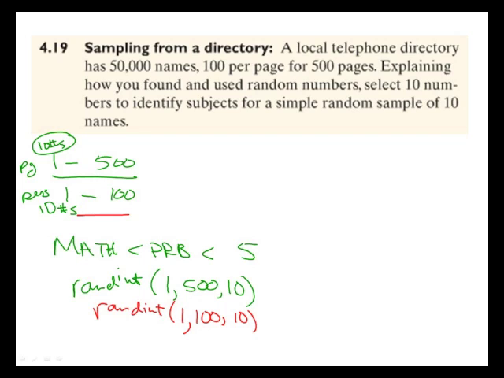So then you would use those to say my page number and my person number on that page. So my question is, if we get a question, will we use that program in the calculator? Will it be the same as it is in? Course templates will more likely ask you to use a random number table.